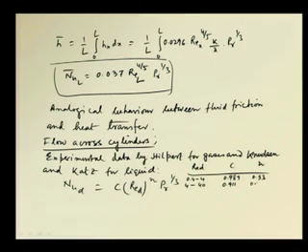Then for 40 to 4000, the Reynolds number is going very high, so C becomes 0.683 and n is 0.466. Then between 4000 to 40,000, C is 0.193 and n is 0.618.